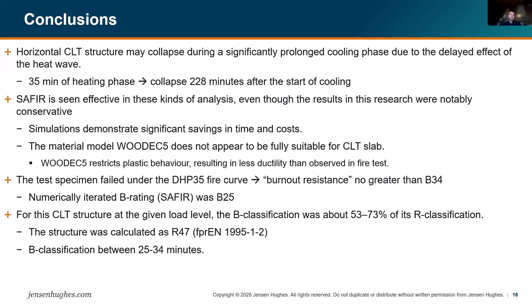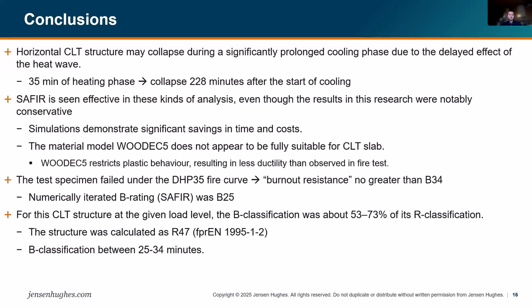SAFIR is seen as very effective in these kinds of analyses, even though the results in this research were notably conservative. So the simulations demonstrate significant savings in time and cost, of course, as the amount of fire tests to assess these kinds of structures would be very costly in time and money, of course.